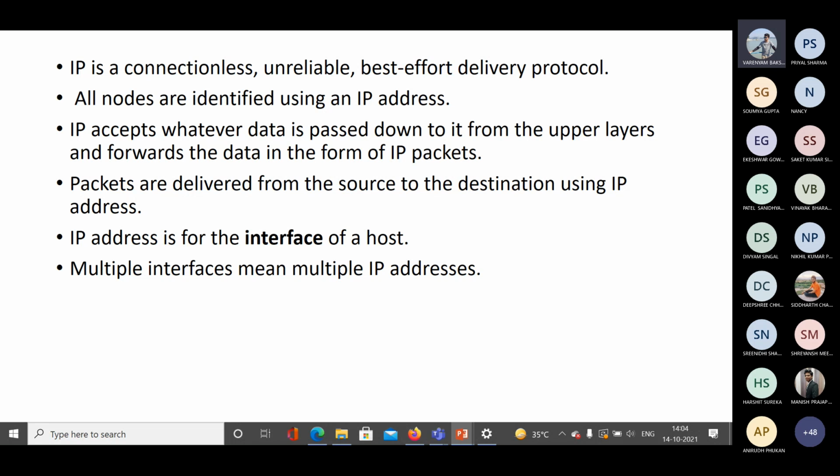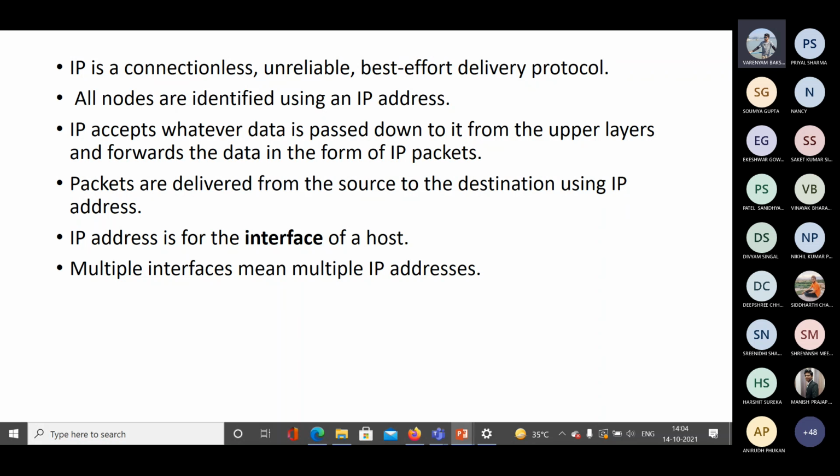Okay. So what do we know about IP? We already know that it is a connectionless, unreliable, and best effort delivery protocol. So whatever devices are there on the internet, we generally identify them using an IP address.